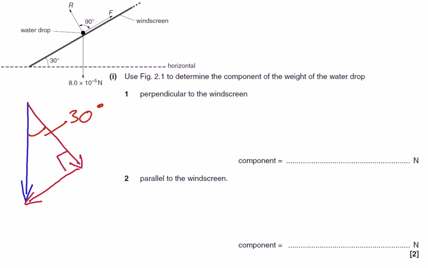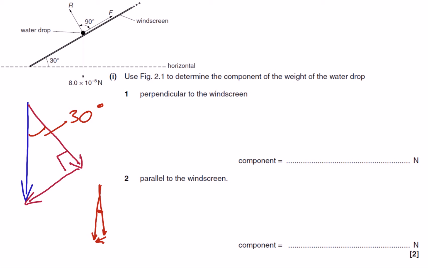Well, if I draw it out so it's a very, very small angle, so if the windscreen was at a very, very small angle, then that would be a very small angle, and that would be coming down the screen. So this is a very small angle here, so this one corresponds to this angle here. So that's how I can just check on that.